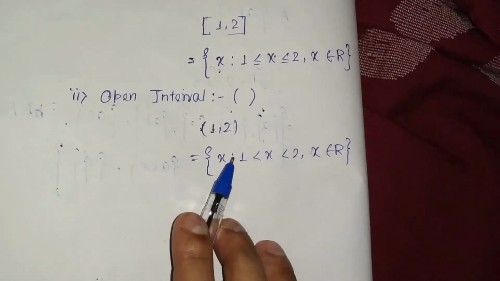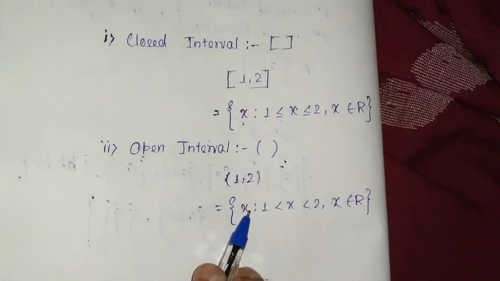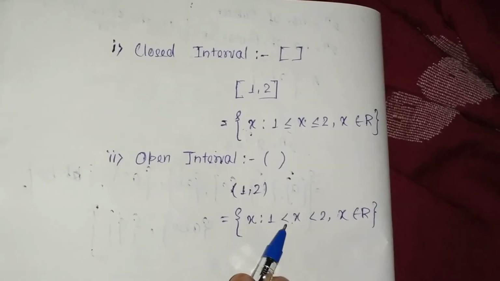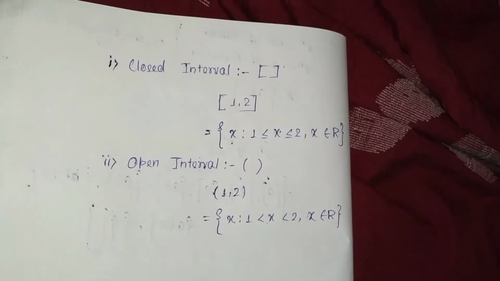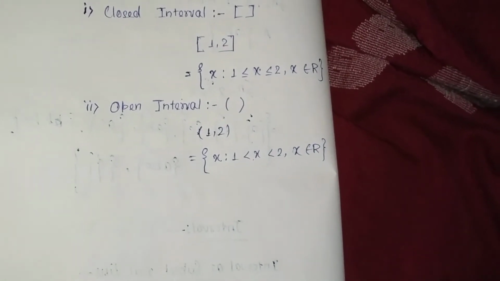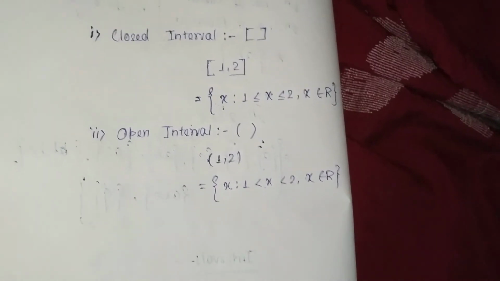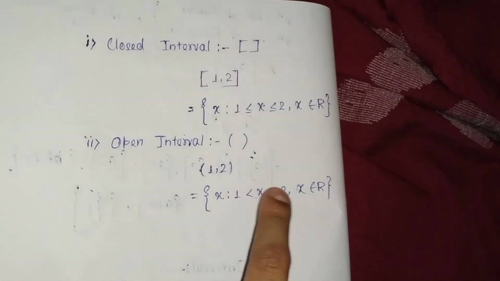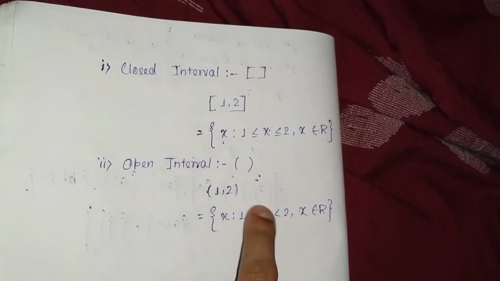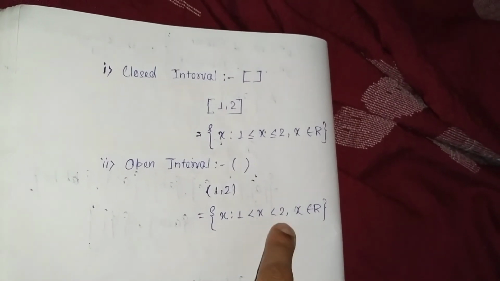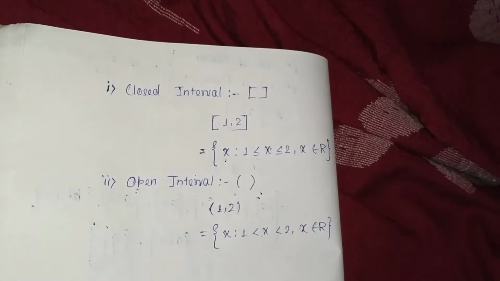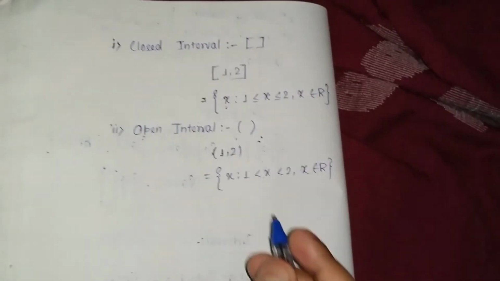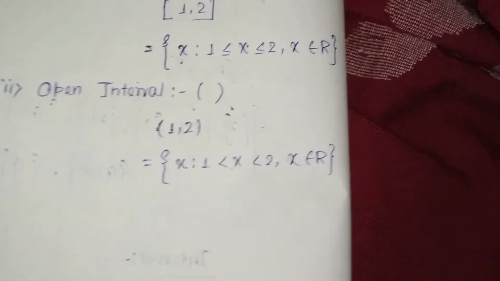In that meaning, element x is again an element of the set. The x value starts from bigger than 1 and ends on smaller than 2, and x is a real number always.